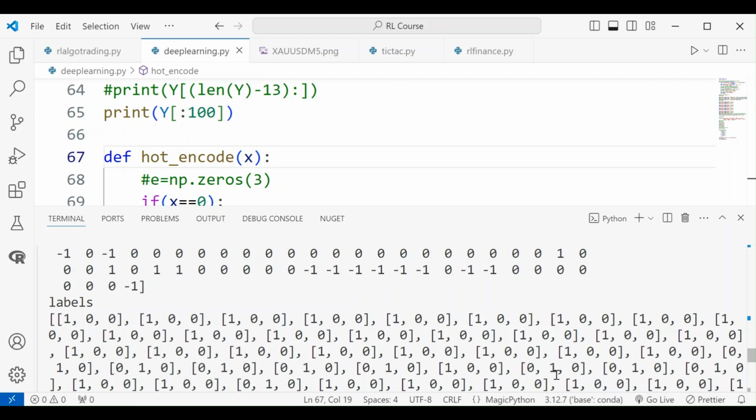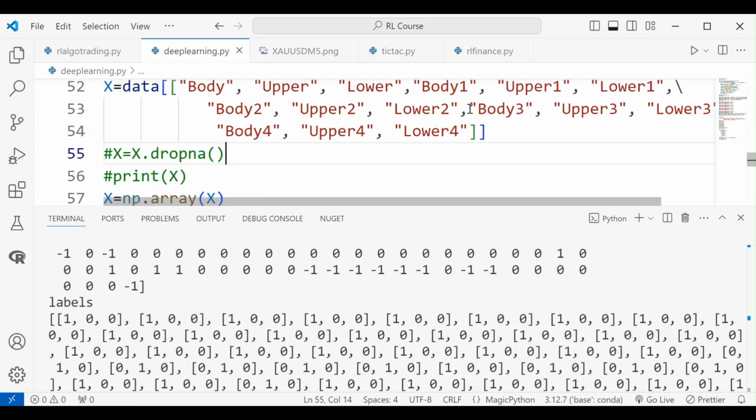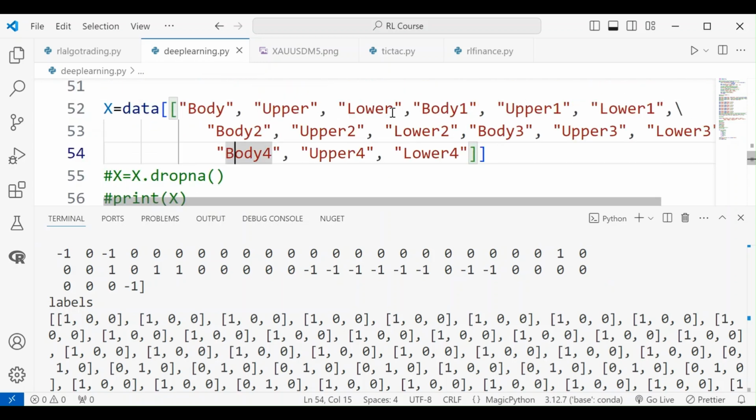Now, what do we do in supervised machine learning? A deep neural network is an example of supervised machine learning. We give the input. Our input, I have told you, was this body, upper, lower, then one step back, body, upper, lower, then two steps back, body, upper, lower, then three steps back, body, upper, lower shadow, four steps back.